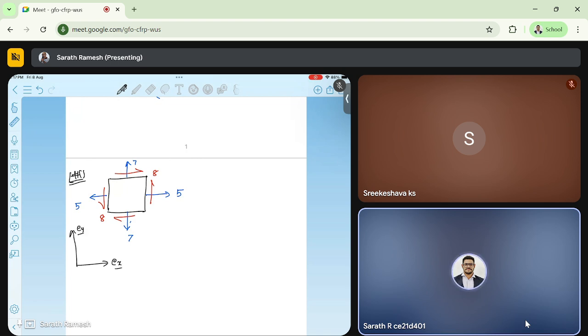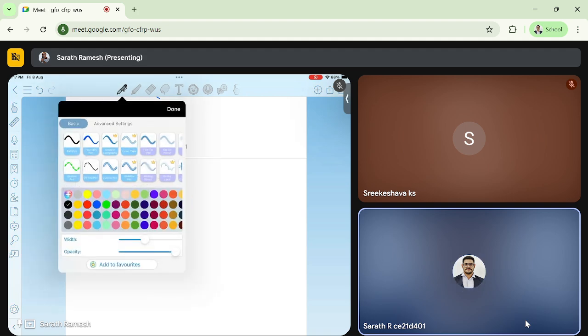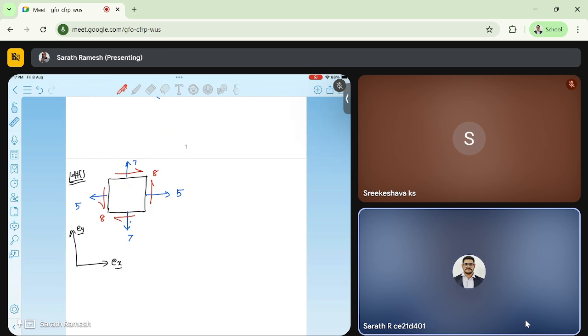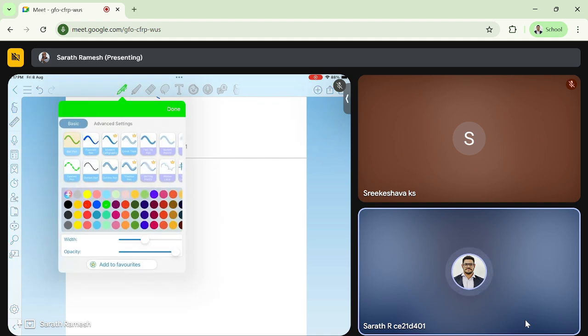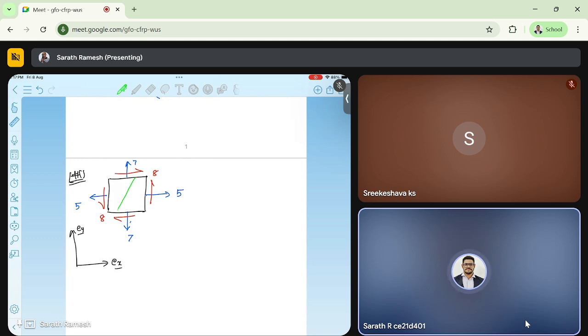Now what we have to find, what is the stress? Suppose when I change this, maybe use another color. Here I have another plane where my angle is say 60 degree from the x-axis, measured in anti-clockwise direction.